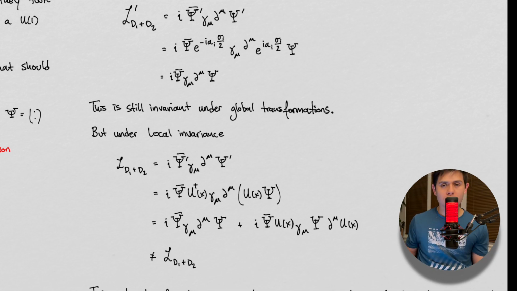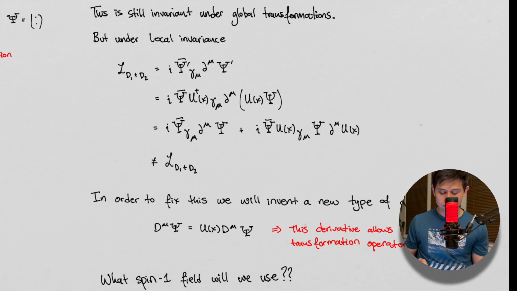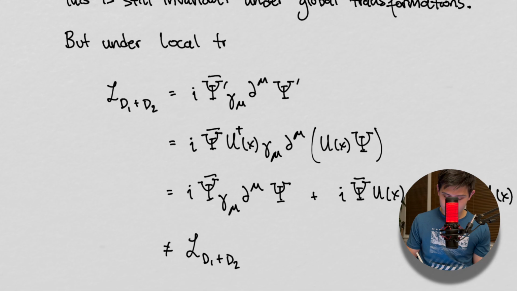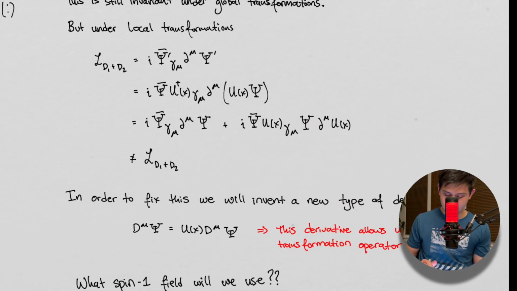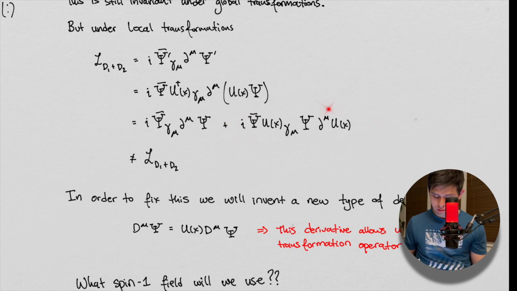Okay? Global SU2 transformations. But under local transformations, this is actually different, right? Because now this thing can't move across the derivative. So if it can't move across the derivative, then we get a term that looks a bit ugly. And that term is right here, right?